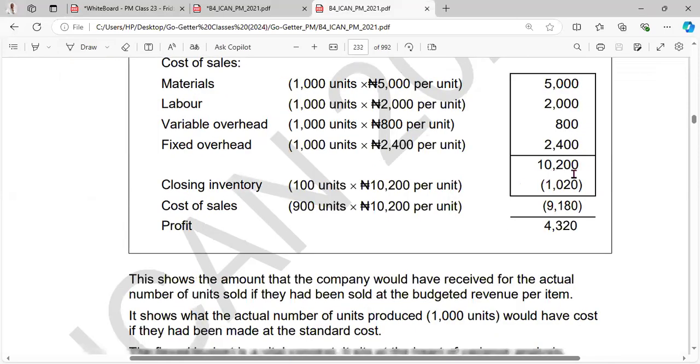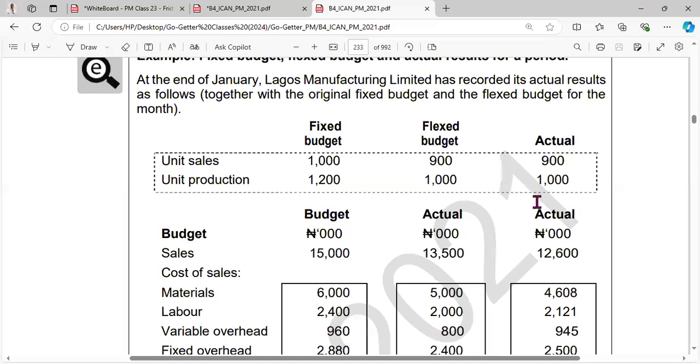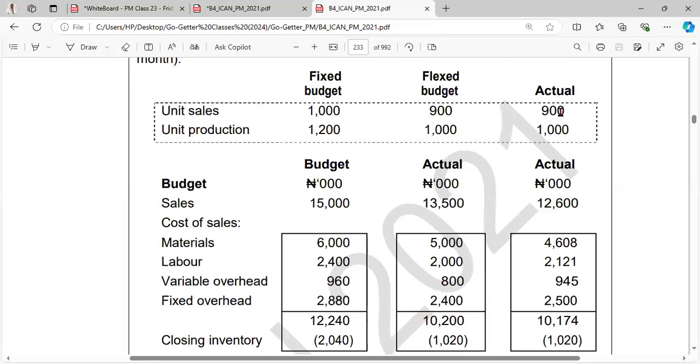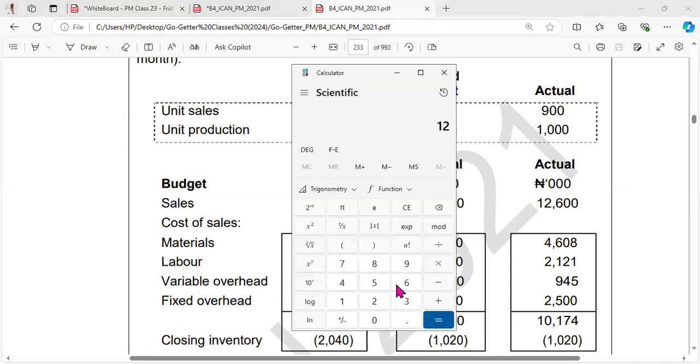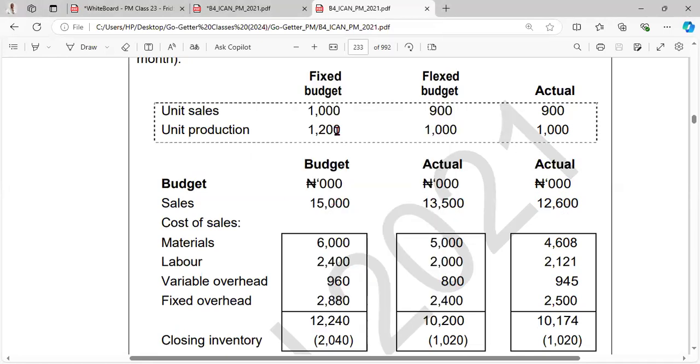When we sold actual, if we divide this by 900, our actual price should give us 14,000. Let's just check again: 12,600 divided by 900, of course it's 14,000 we are talking about versus this 15,000 that we sold for 1,000 units. So that's it.